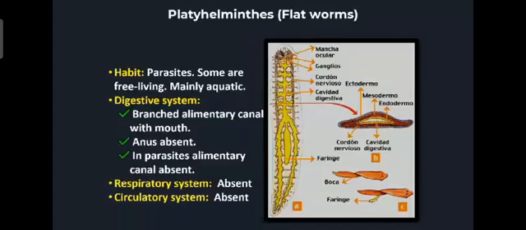So in our intestine, how will they get attached? Wherever the mouth is there, near that mouth you will find the hooks and suckers. With the help of that they remain attached to the intestine inside the body. So that is one important point. Hooks and suckers are present in the parasitic forms and they remain attached there and suck the nutrition through the body surface. Clear?